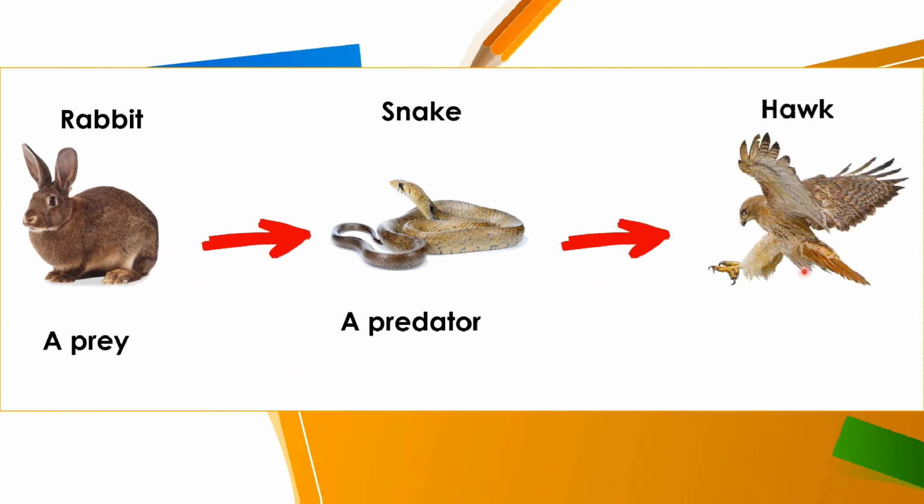Next we have the hawk. This animal will eat our snake. So meaning the snake is a prey of the hawk, and then the hawk is also a predator.